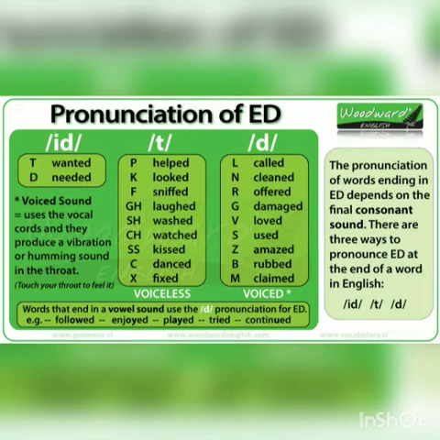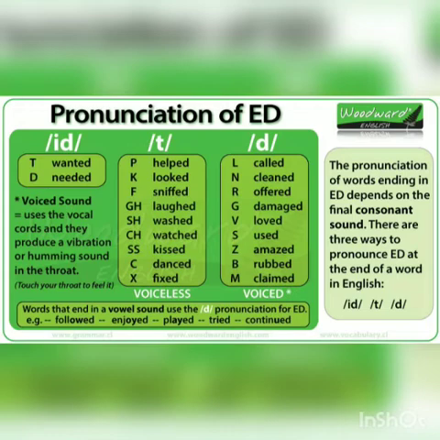The verb need ends with d, so it becomes needed. The verb visit ends with t, so it becomes visited. Or the verb decide ends with the sound d, so I say decided. So, this is the first sound, ed.